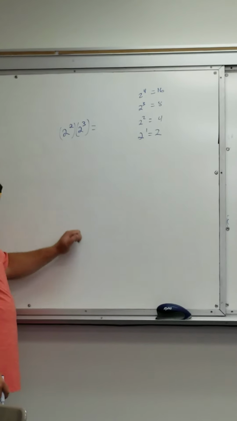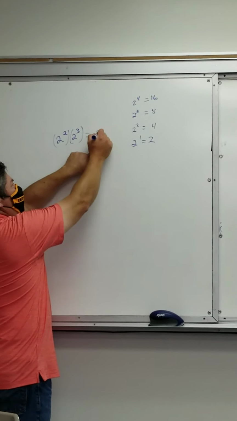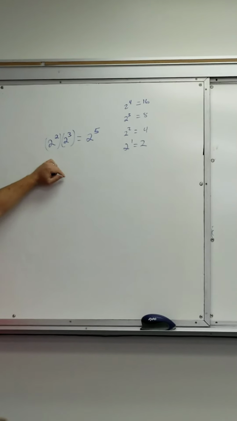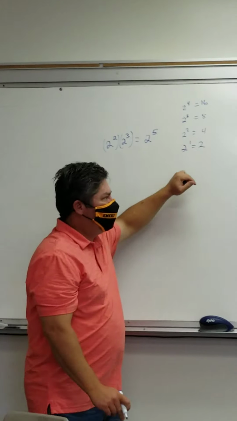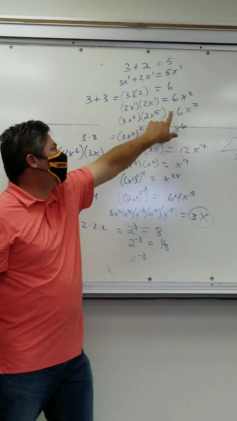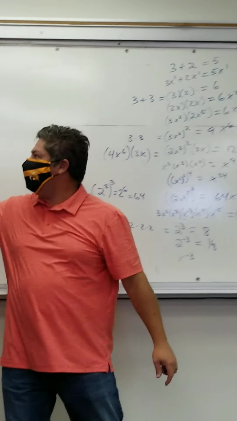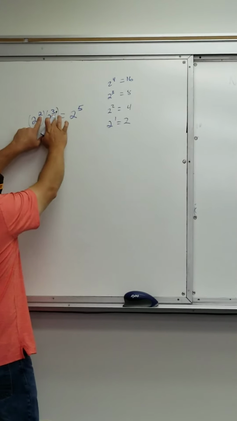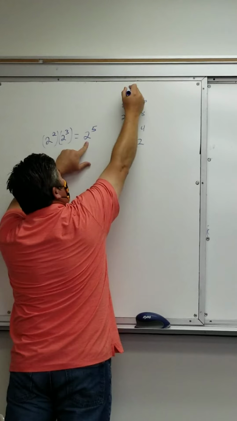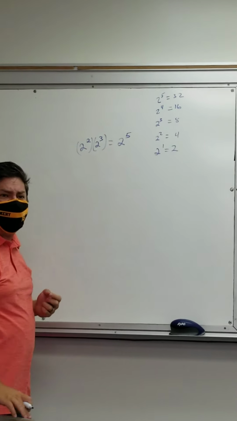What should I do with those exponents? 2 to the fifth. How come? What did we do with the exponents? Add it. See how we can use this chart of destiny to help us figure out what this is saying? Exponents should add. So 2 to the fifth is 32. What did I do here? I added the exponents. Everybody agree with that?